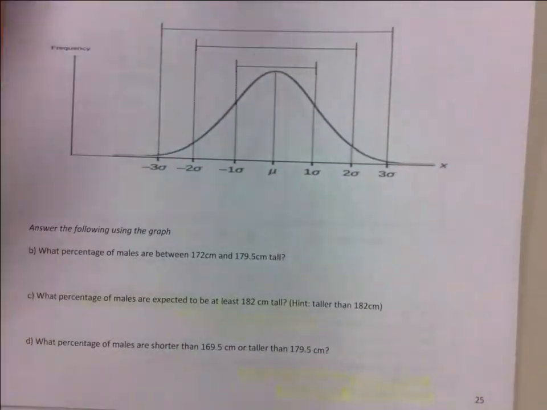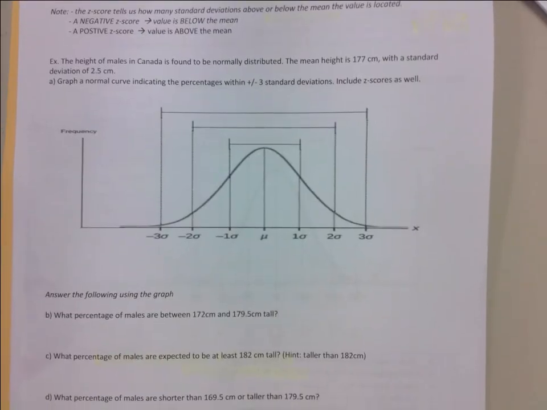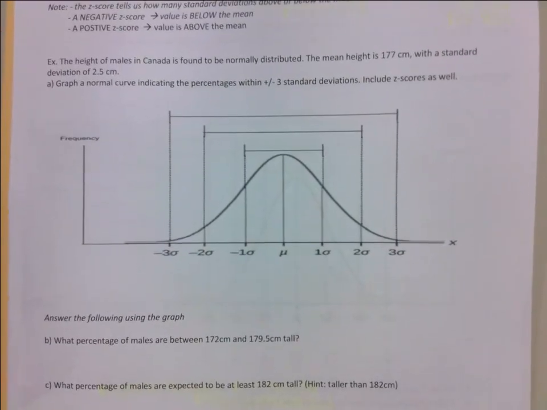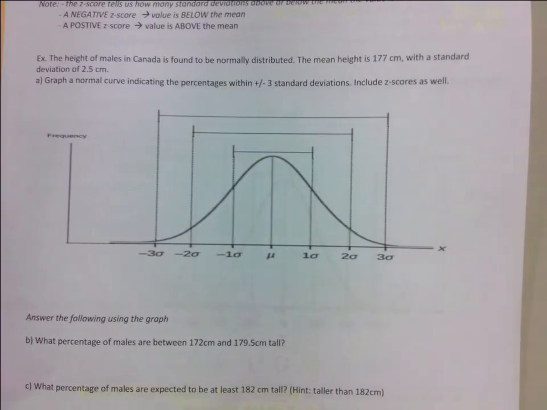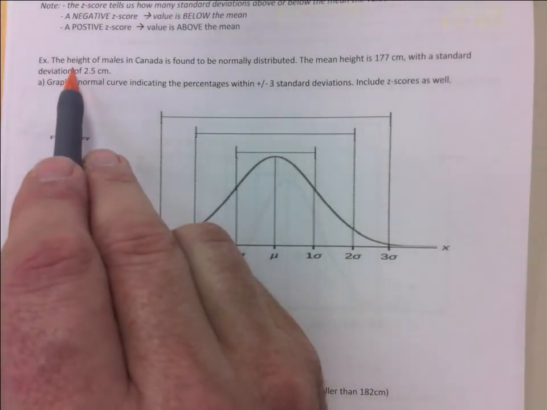Let's go to 25. We're going to skip the top part for now and go straight to this example right here. I'll do one and then I'll help you fill this out and then you'll do the rest. You'll work on it for a little bit, a little break from my voice here.